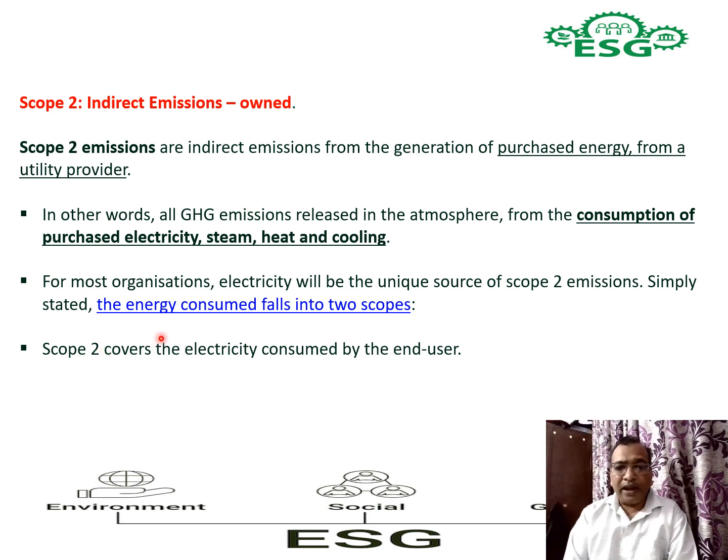Simply stated, the energy consumed falls into two scopes. Scope 2 covers the electricity consumed by the end users, that is the factories. The generator is someone else, and the consumption is by the industries, so industry has to report the indirect emissions under scope 2.